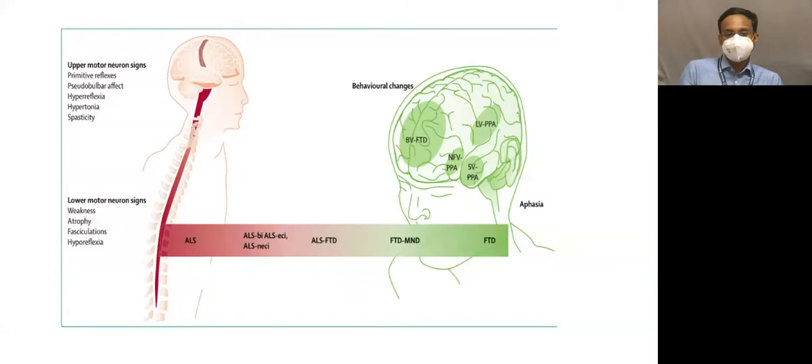So the manifestations that we might get in the history, apart from the upper and lower motor neuron limb weakness, would be any history of behavioral abnormalities, difficulty in carrying out day-to-day activities, or sometimes even language dysfunction. The other important thing which I forgot to mention, apart from limb weakness, is bulbar weakness. This is a syndrome which involves the pyramidal tract, with a cortico-bulbar involvement and a cortico-spinal involvement.